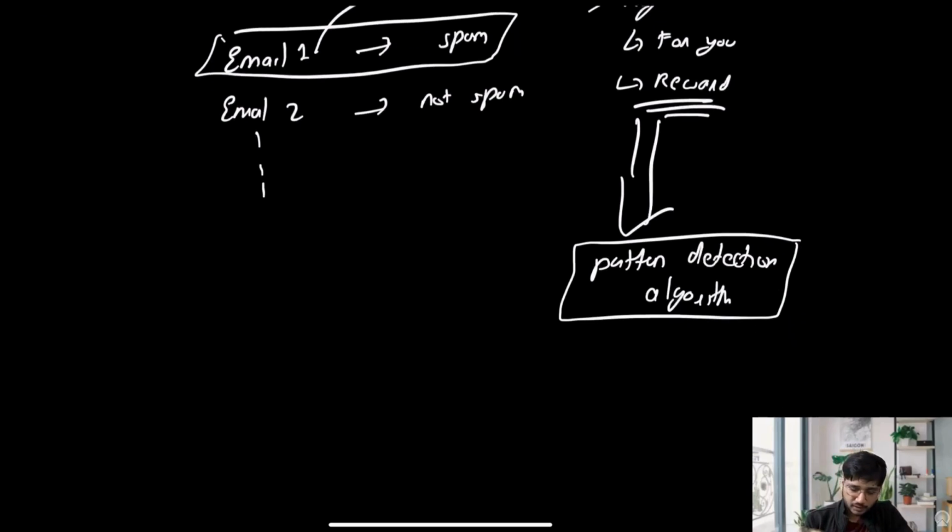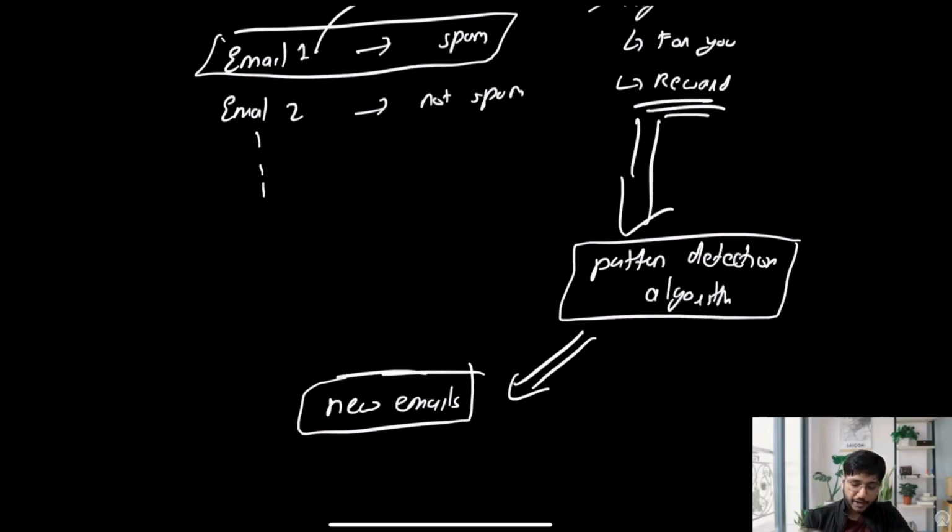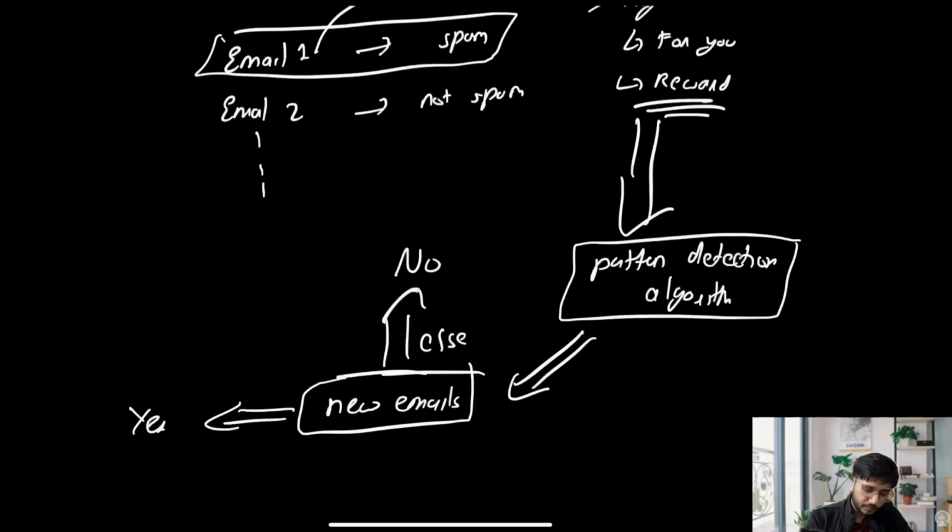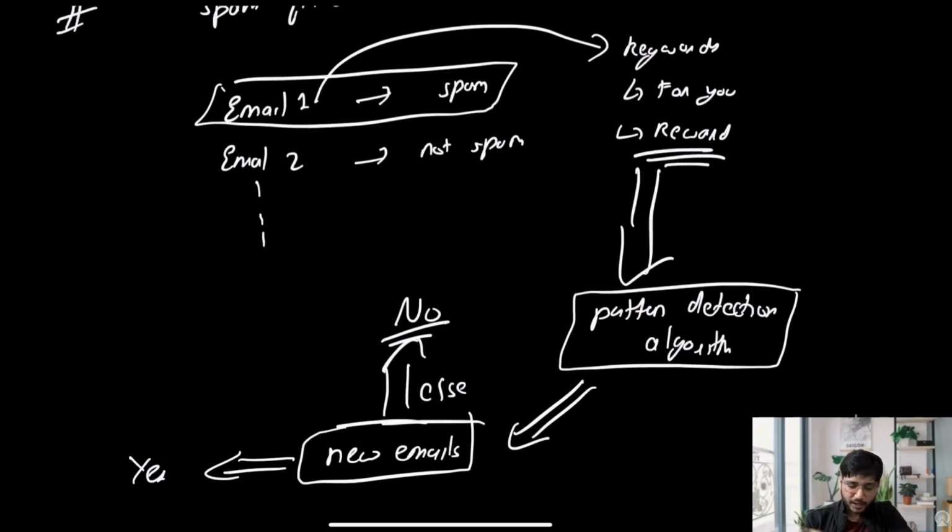So you will run this pattern detection algorithm on new emails, and if it is able to find the same keywords in the new email, you will output yes. Else, you will output no. That means no keyword found, so it's not a spam. If you find the same keyword as in spam previously, then you classify it as spam.